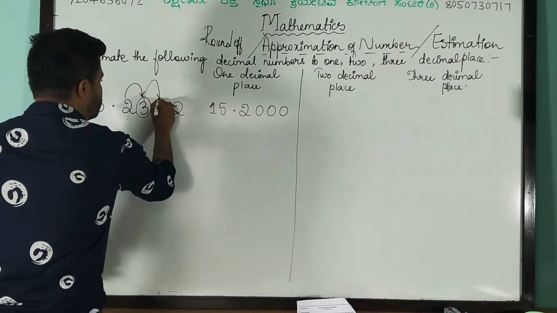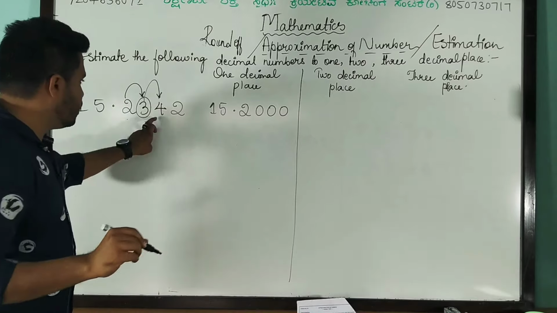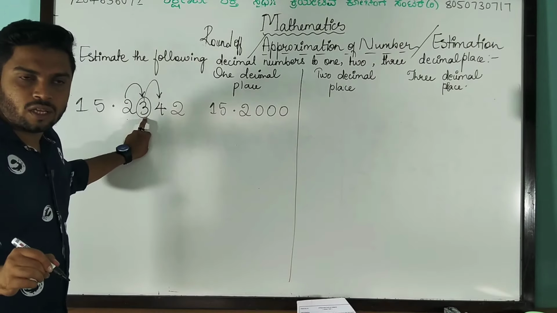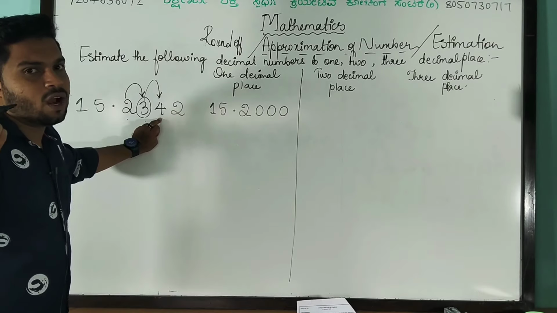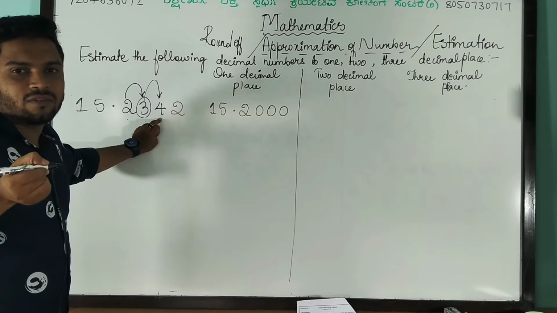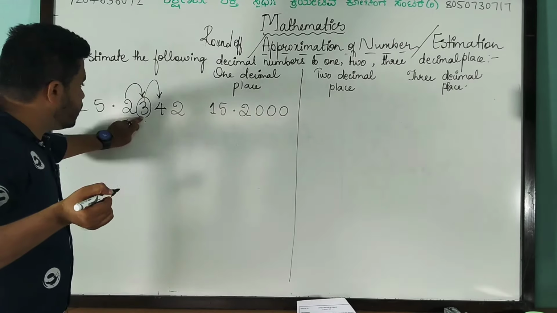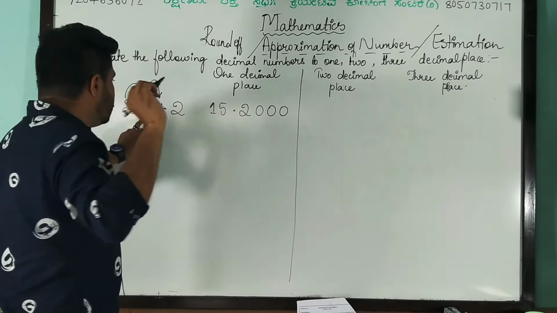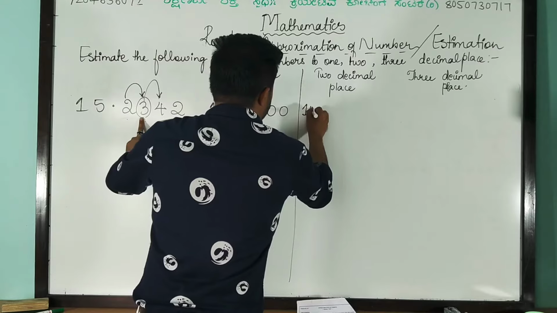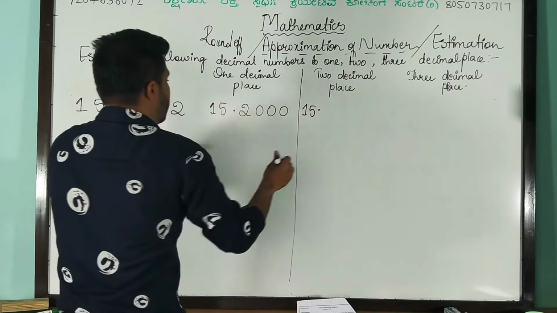You are going to check the number for the 3. You are going to check the number 4. What is 4 now? 4 again is less than 5. Hence the number in the second decimal place will again be as it is.